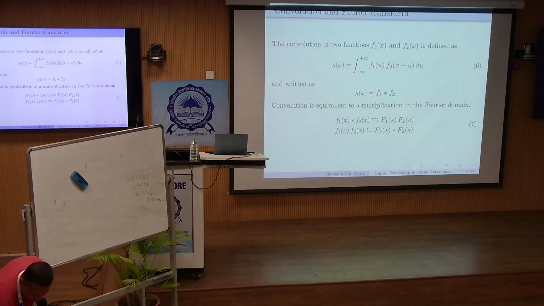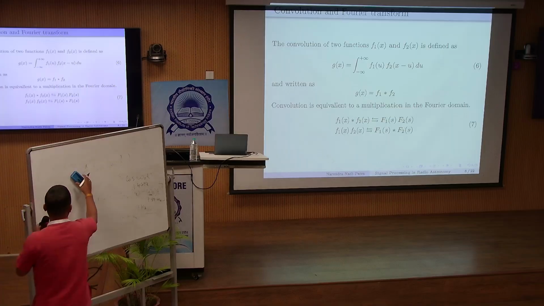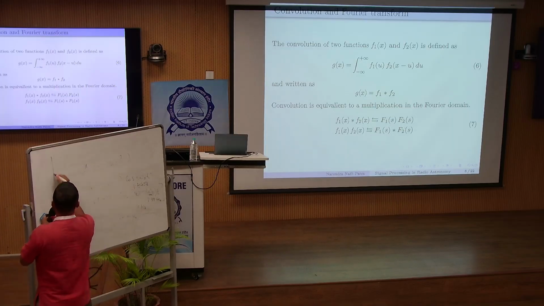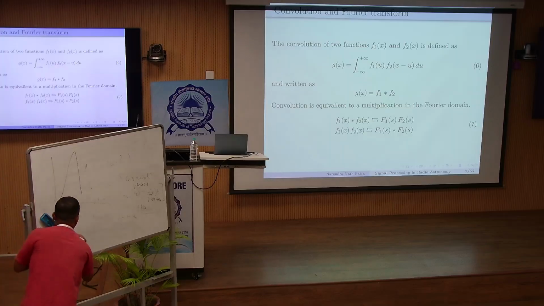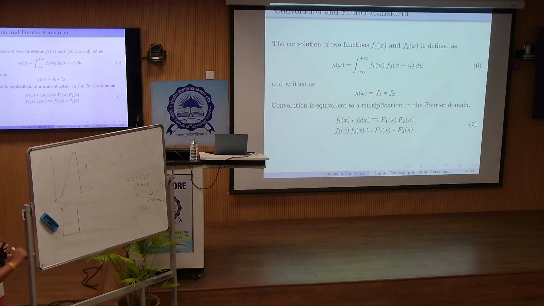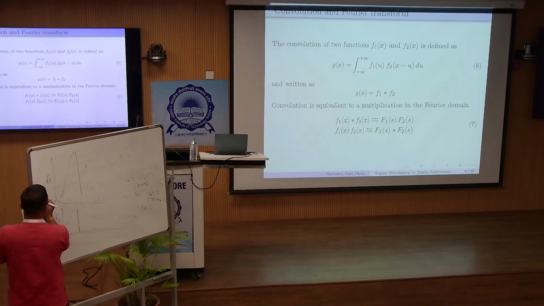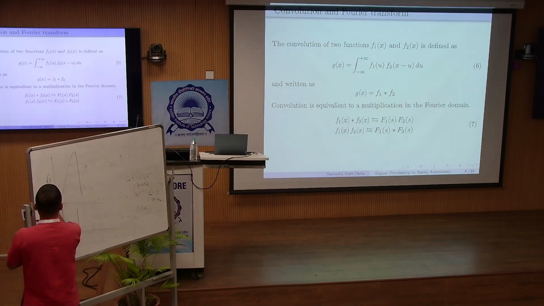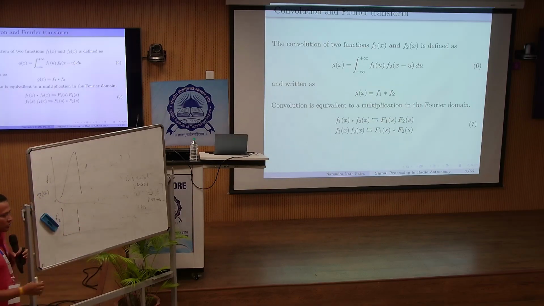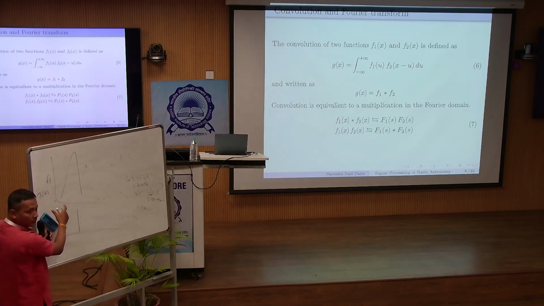It's actually not difficult, but it is important. So I have, let's say, one function like this, and a function like this. This also is a function, right? Jagdeep mentioned the delta function, correct? So this is my f1, this is f2. Let's say I have to calculate g of 2. The difference would be 2, right?